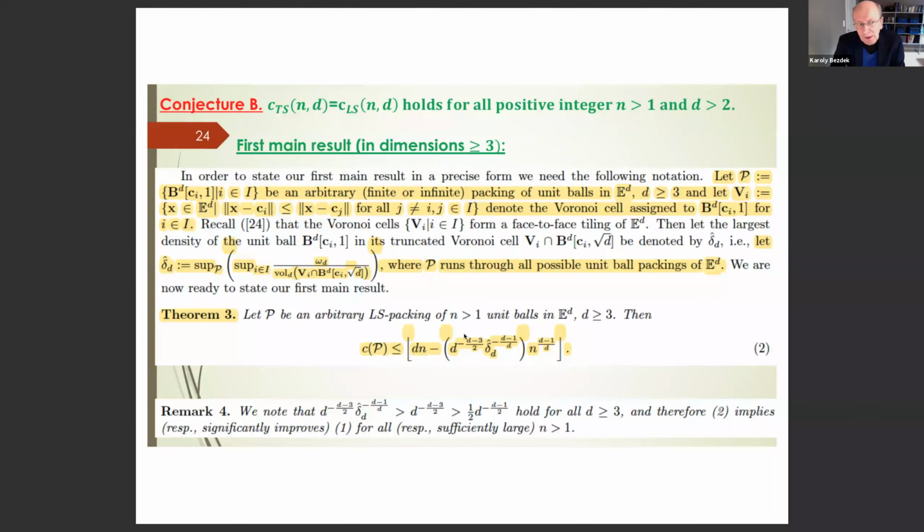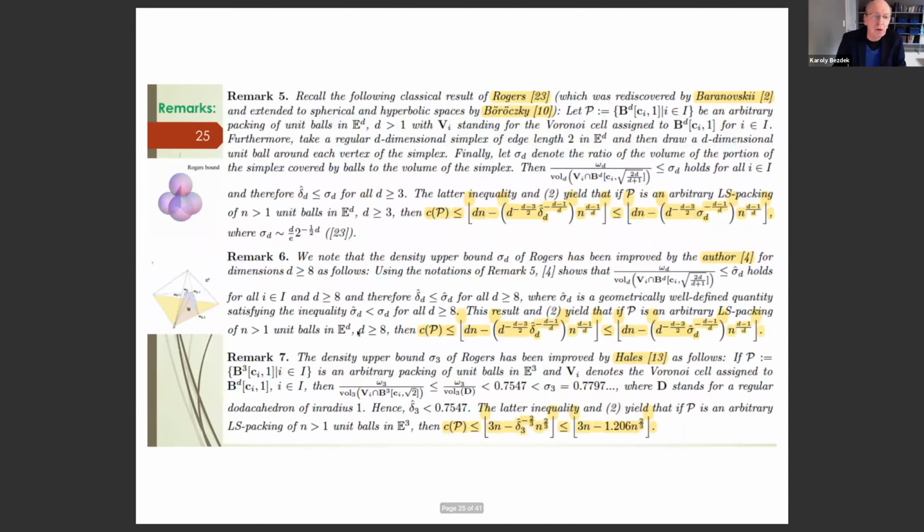So this quantity that I'm using for my upper bound of the contact number of an arbitrary locally separable unit ball packing in d-space is not new. The notation that I'm using is delta sub d hat, and this has been looked at before.